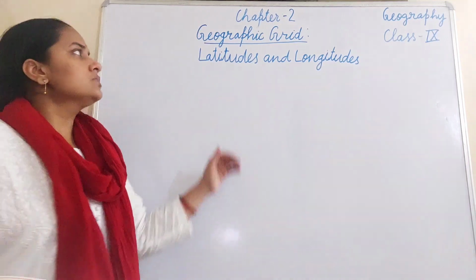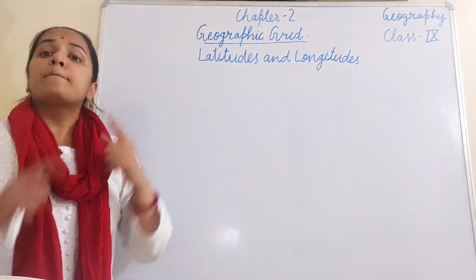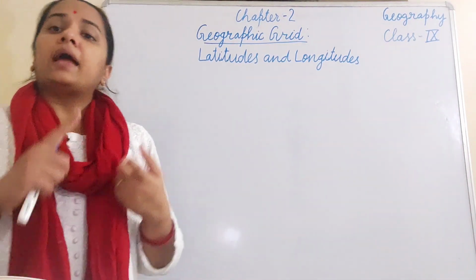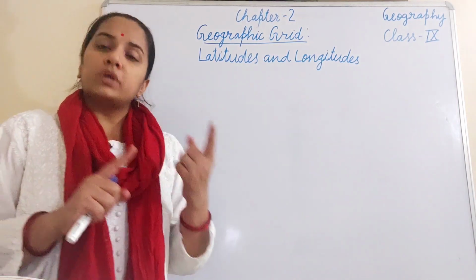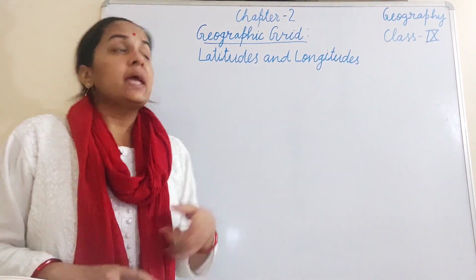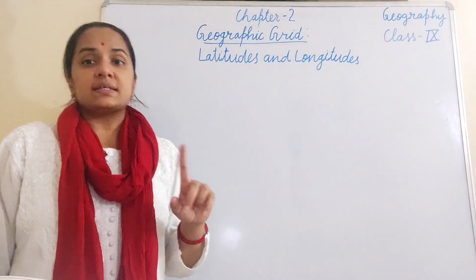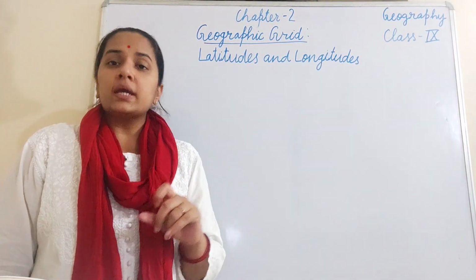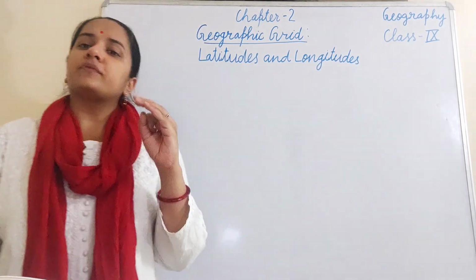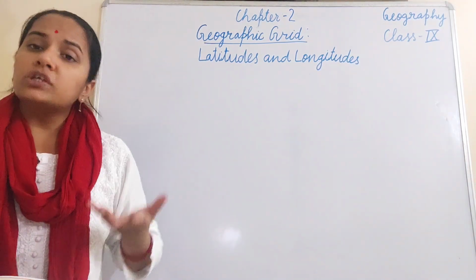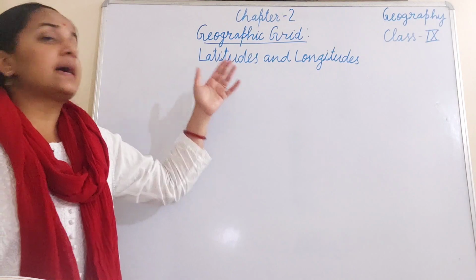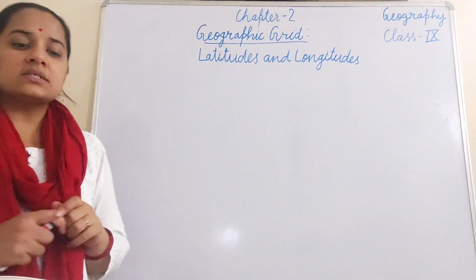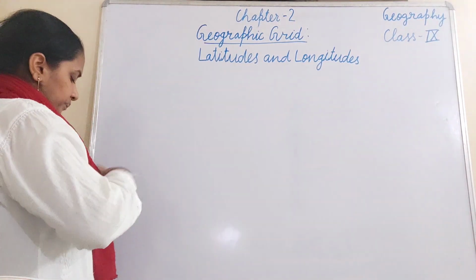Since these lines are parallel to each other and to the equator, they are also known as the parallels of latitude. Today we will learn about some of the main latitudes and the use of these lines of latitude. So first, the main latitudes.